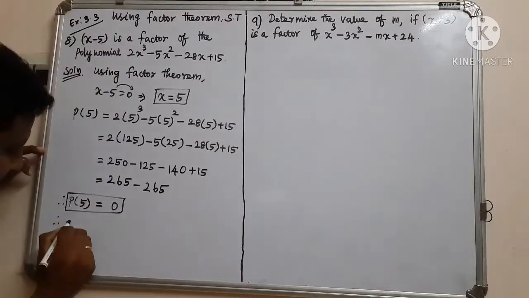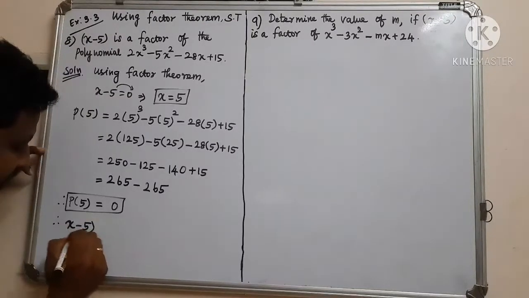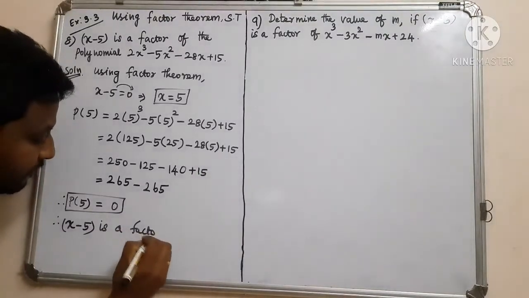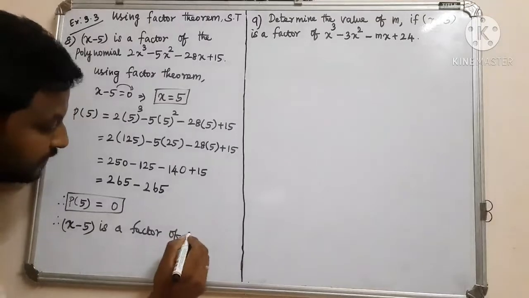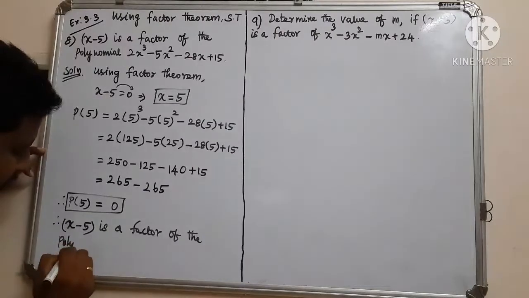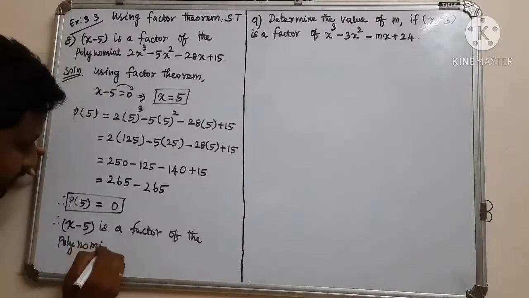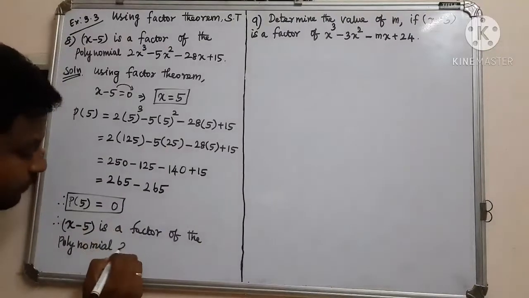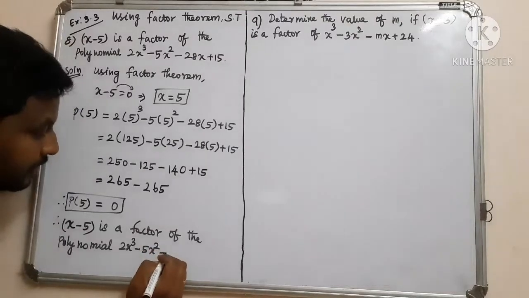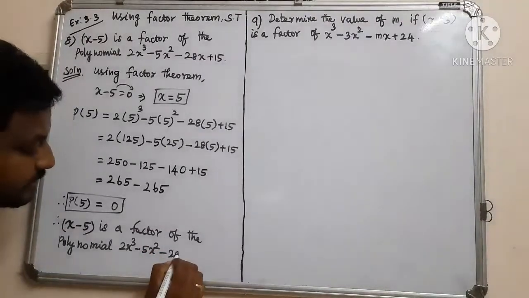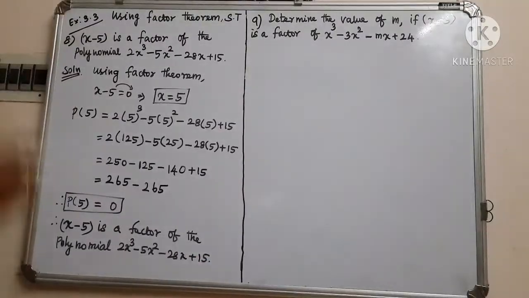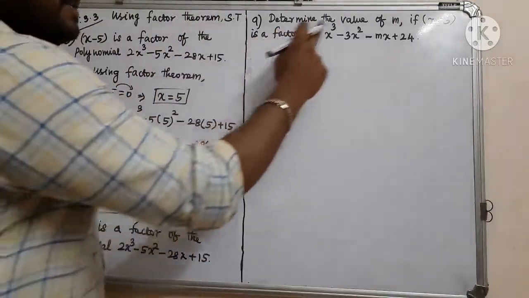So therefore x minus 5 is a factor of the polynomial 2x cube minus 5x square minus 28x plus 15. Clear?